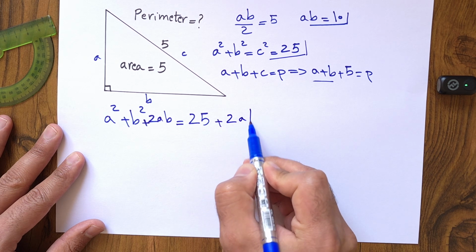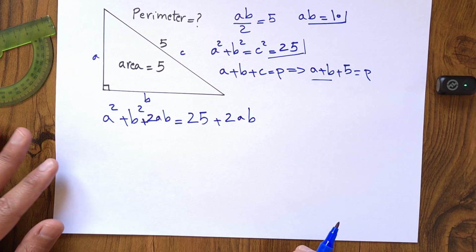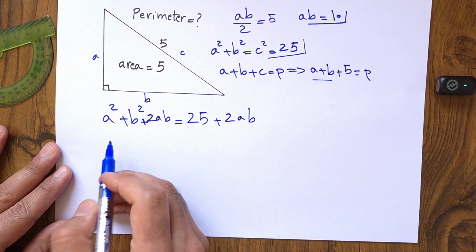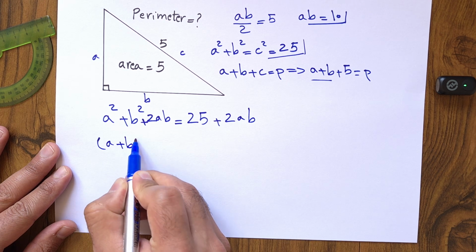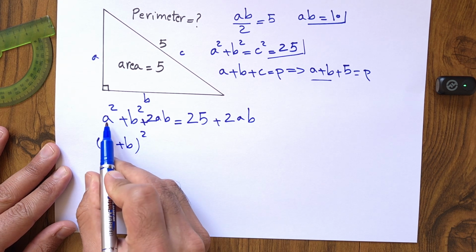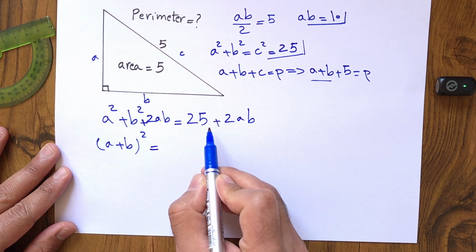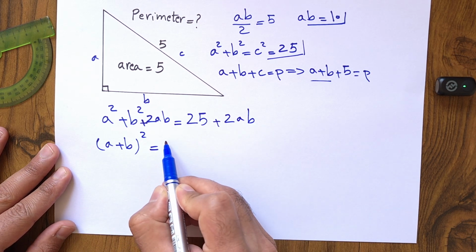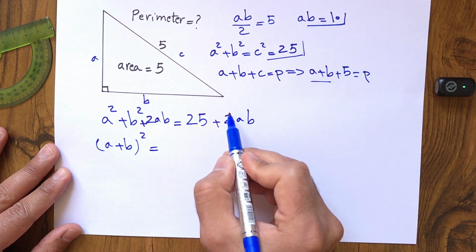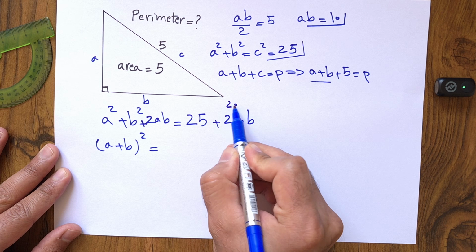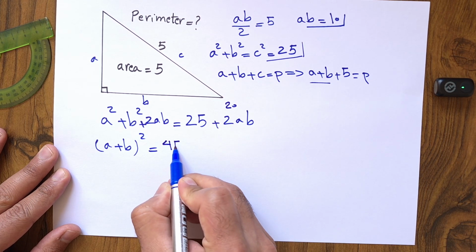Nothing fancy here, we're still holding an equation. The left-hand side becomes A plus B squared, right? The famous identity: A squared plus B squared plus 2AB. The right-hand side becomes 25 plus 2AB. So AB is 10, 2AB is 20. So 25 plus 20 is 45.